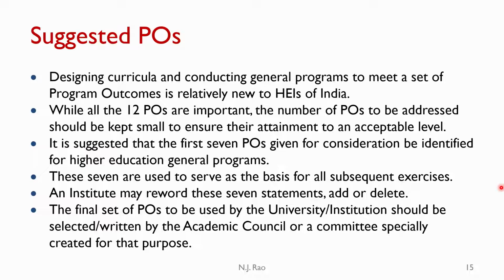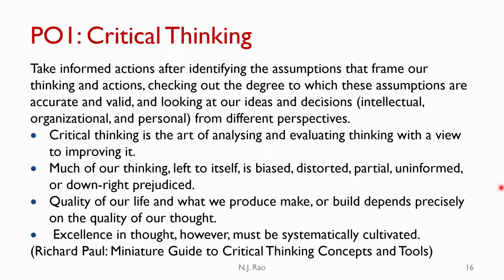If you think a rewording may represent what you have in mind better, you are most welcome to do that. So, the final set of POs to be used by the university or institution should be selected and written by the academic council or a committee specially created for that purpose. These suggested POs can be considered as the starting point for writing one's own POs.